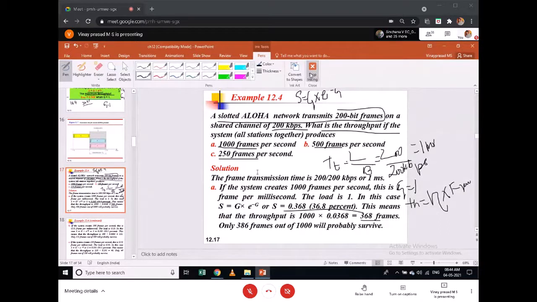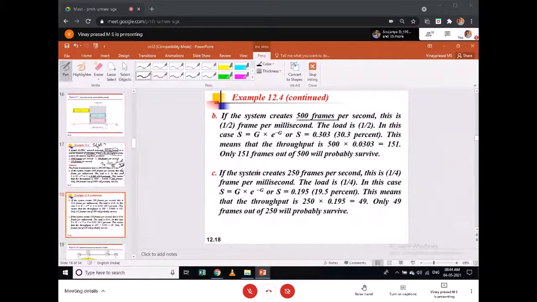Okay. Similarly, if I go with the next one, if a station generates 500 frames per second, what is the efficiency in slotted ALOHA? We have to find G now. If a station generates 500 frames per second, what are the frames generated per 1 TT?